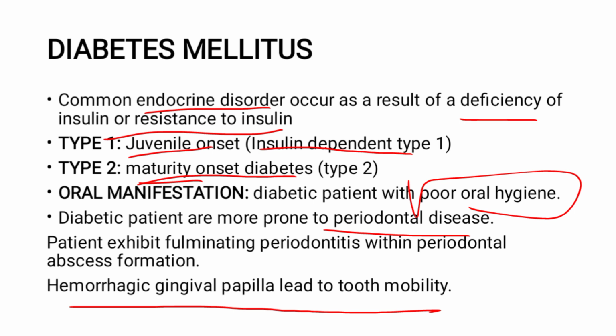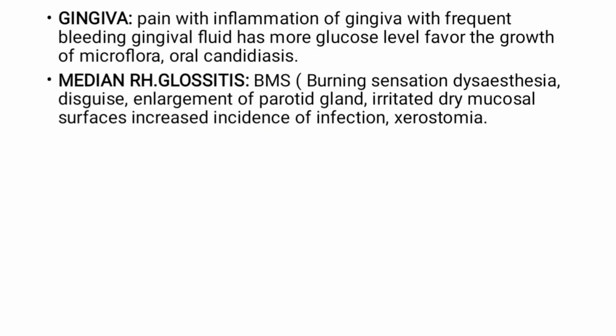So the patient will have a very bad oral condition, with worsened periodontitis, abscess formation, hemorrhagic gingival papilla, and tooth mobility. There is gingival pain with inflammation, and frequent bleeding.